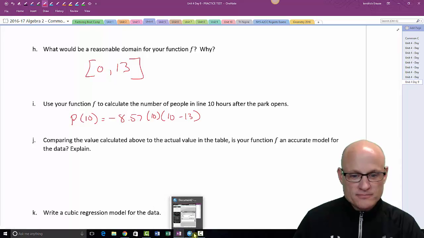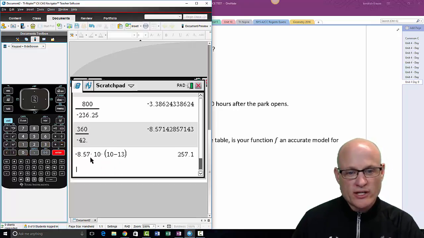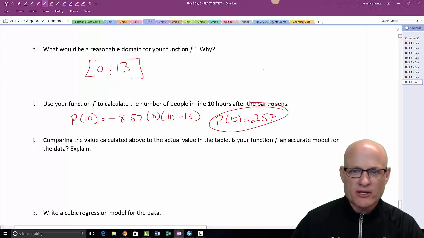So negative 8.57 times 10 times 10 minus 13. So using this, we're going to estimate 257 people. So P of 10 is equal to 257 people. Let's see if that's right.